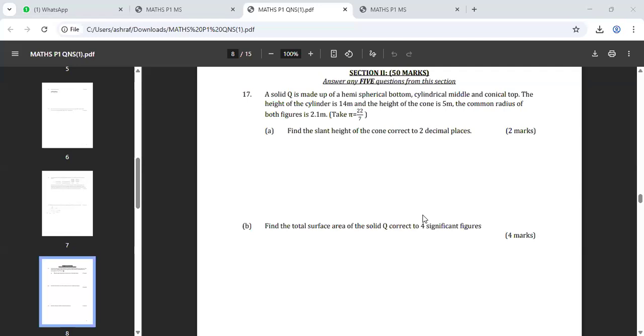Anyone who has found the area of the cylindrical part? The curved surface of a cylinder. That is 2 pi r h or pi d h. If you work out, what do you get?